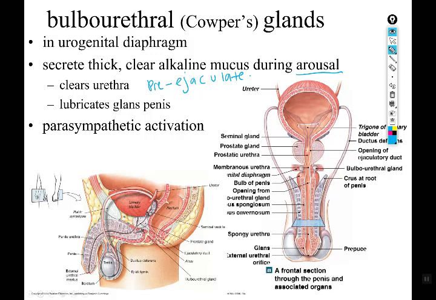The alkaline portion basically functions to neutralize any acid that might be there. It also clears any debris out of the urethra, and it aids in intromission. Intromission is the scientific word for the act of inserting the penis into the vagina. It lubricates the glans penis, which is this end part here, and that helps to facilitate intromission. So this is under parasympathetic activation.